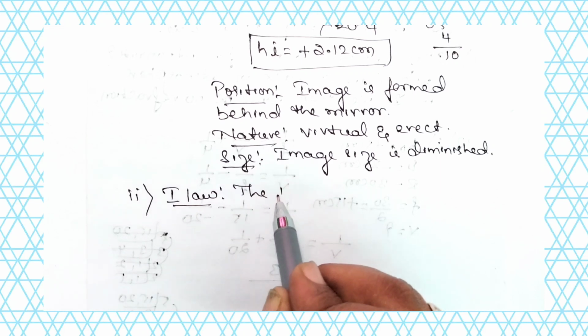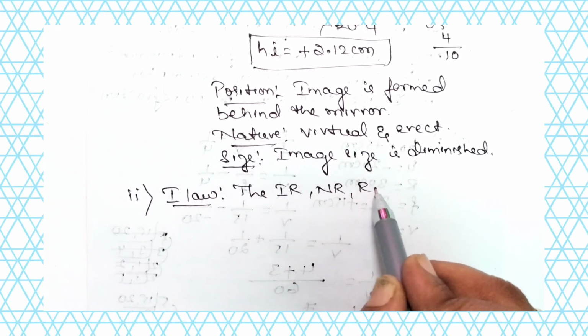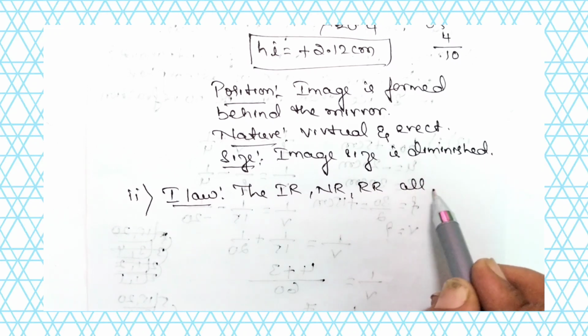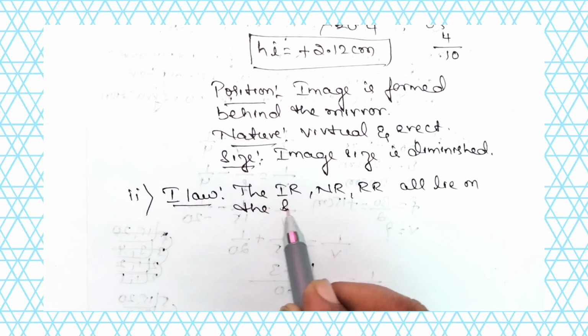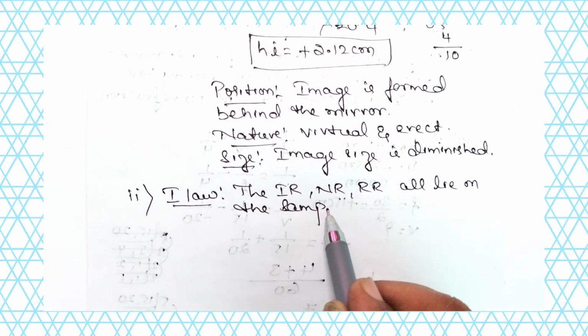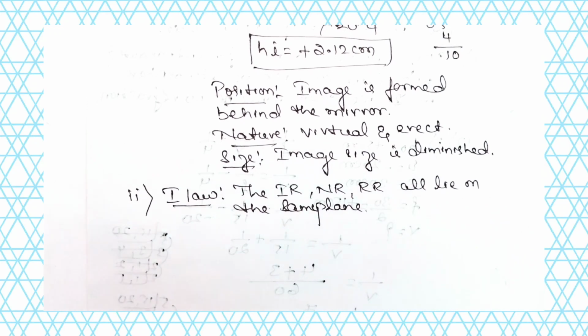The first law: the incident ray, normal ray, and refracted ray all lie on the same plane.